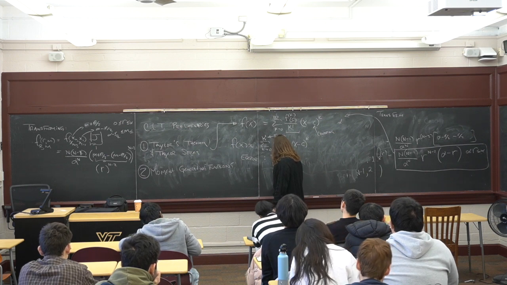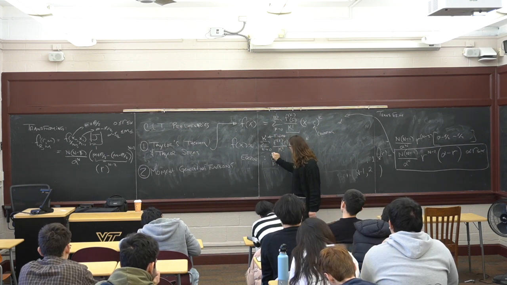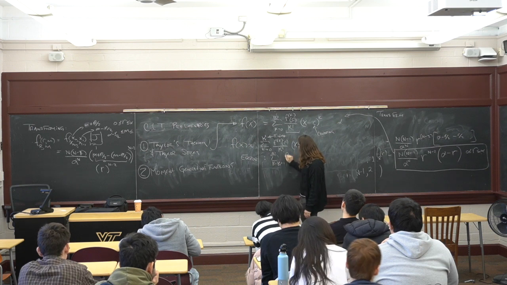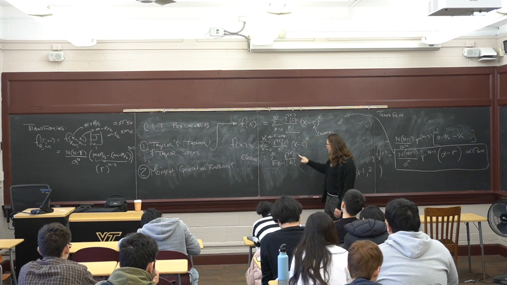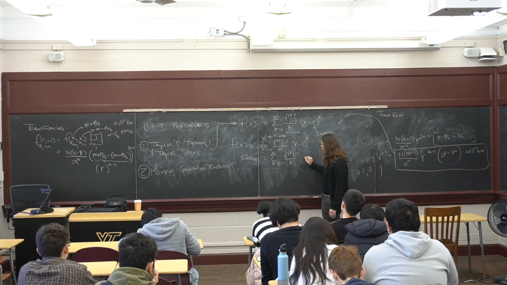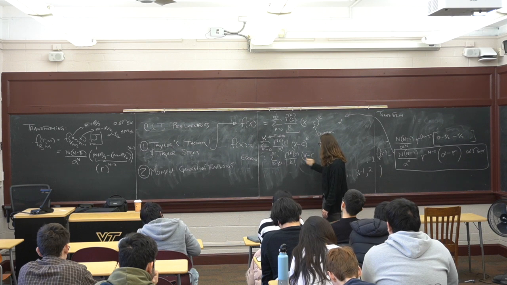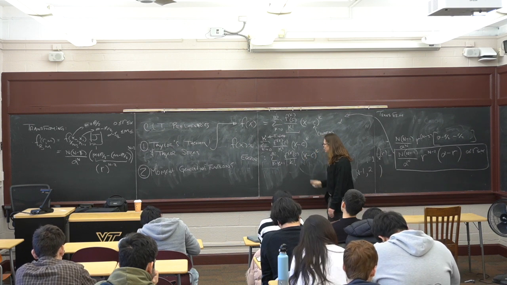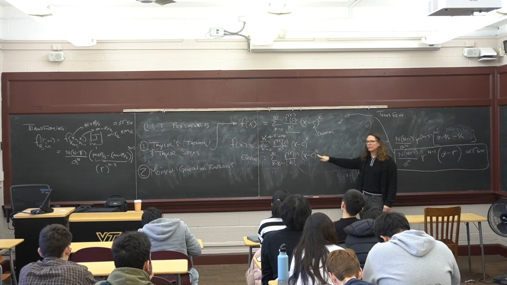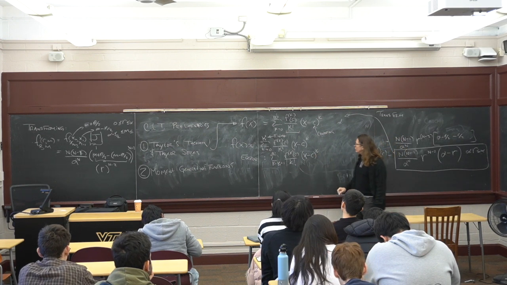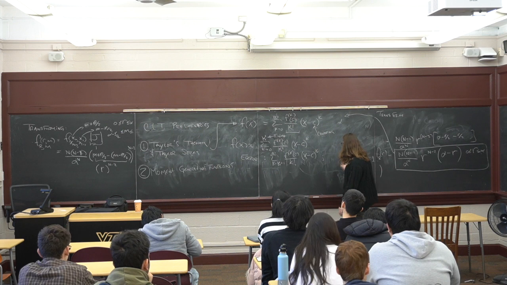k goes from capital K plus 1 off to infinity, f to the k evaluated at c divided by k factorial, x minus c to the k. He said you don't need to analyze this whole infinite series to understand the error. All you need to do is understand the next biggest term.